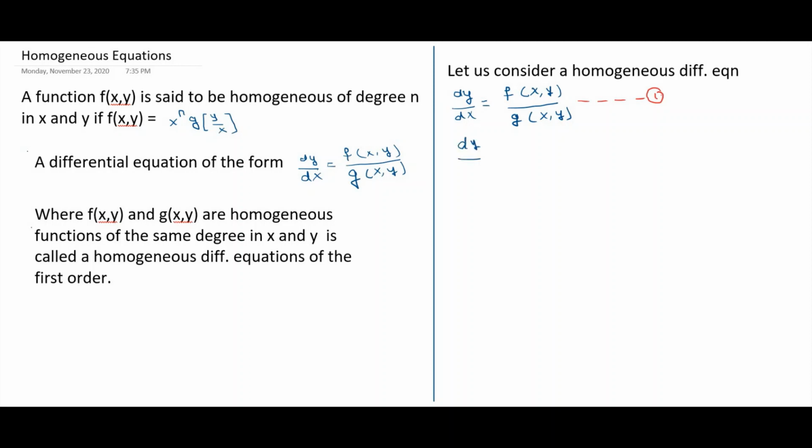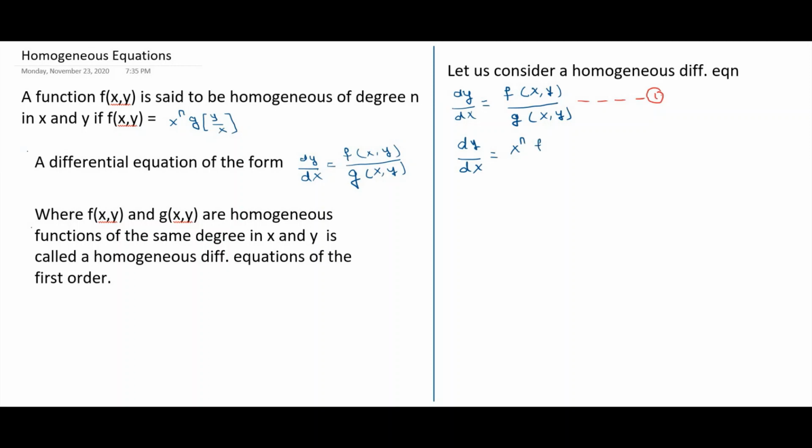Then in such cases, f of x comma y is an expression which contains x and y. You can take the highest power of x outside, so let us say x raised to n is outside.